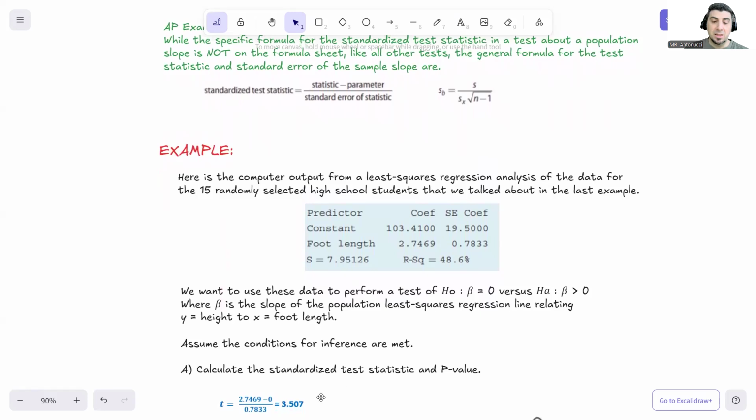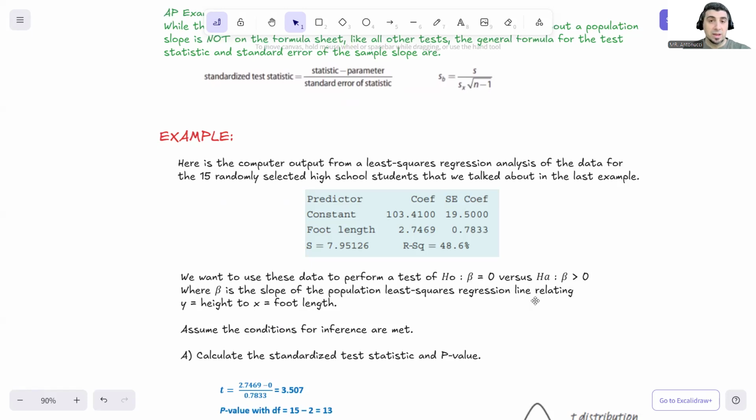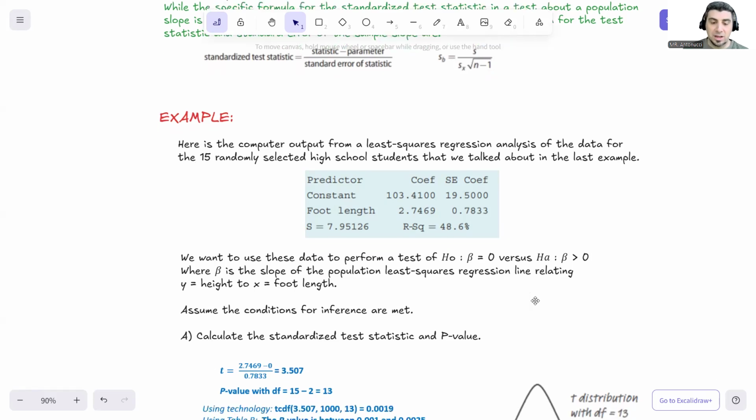So t, we're going to do the statistic, which is the slope from the computer output for foot length, so 2.7469 minus the null slope, the null for beta, which we assumed was 0, divided by the standard error of the statistic, which is this 0.7833. Okay, you get 3.507. And then we calculate the degrees of freedom, which is going to be the sample size, 15, minus 2, which is 13.